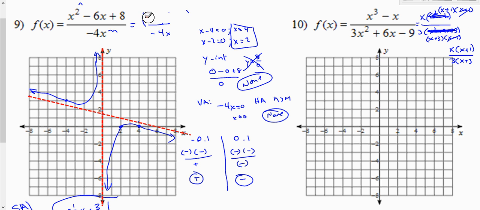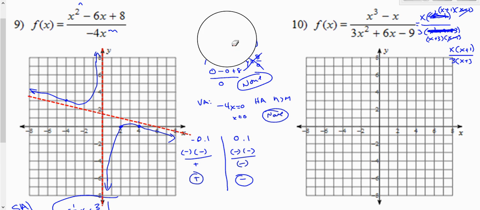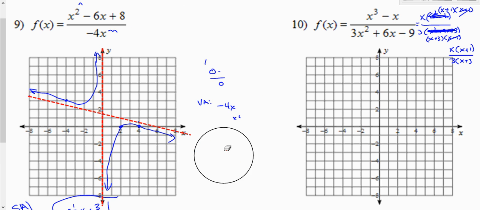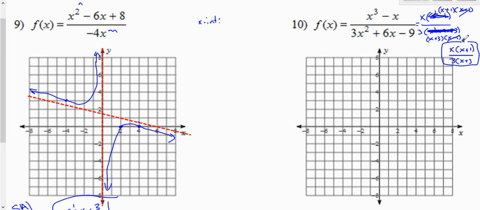I'm going to clean this up over here, give myself room to do some work. And my x-intercepts, I set the numerator factors equal to 0. So x equals 0, and x plus 1 equals 0, which gives me x equal to negative 1.